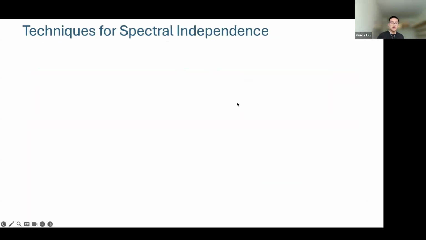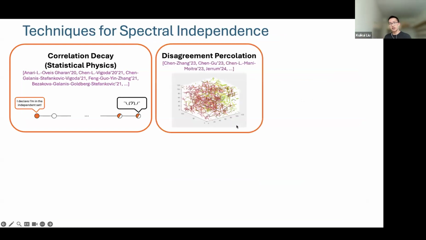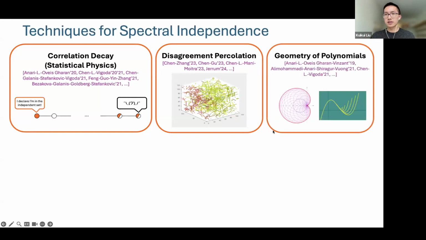And so by now, there are four major classes of techniques for establishing spectral independence. The first of which comes from classical statistical physics, namely the correlation decay method. A second class of methods comes from this idea of disagreement percolation, which is actually related to correlation decay and also related to coupling distributions.